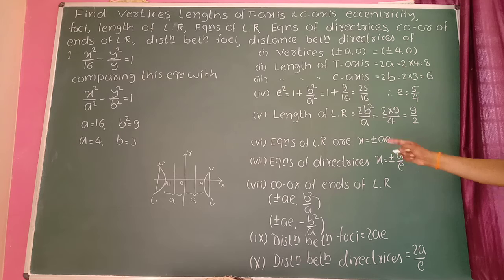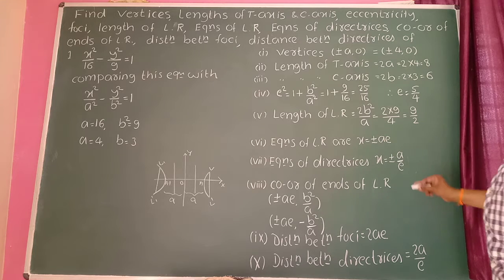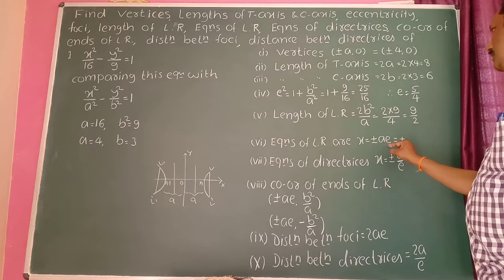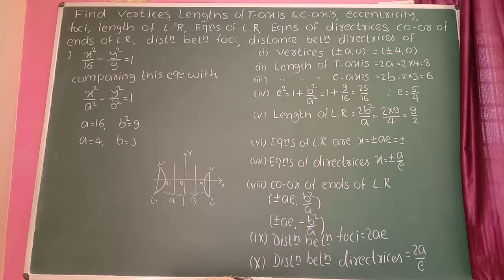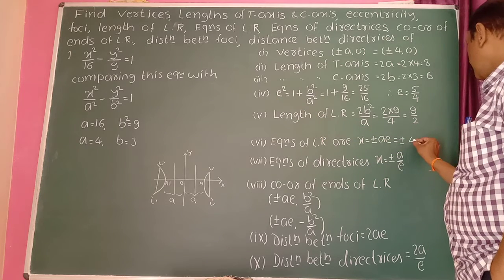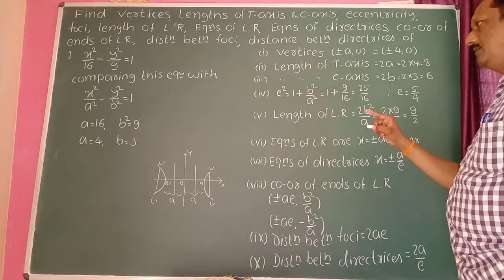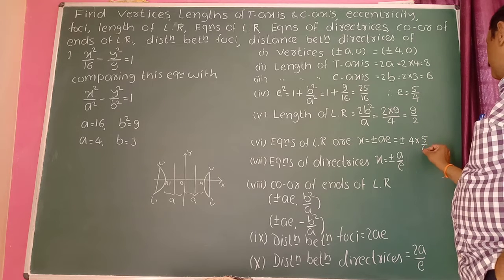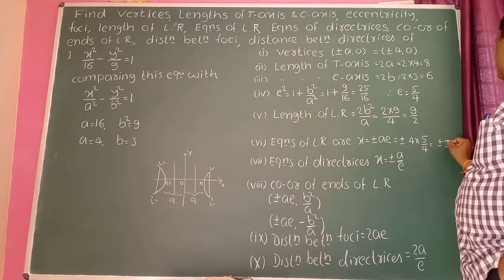Therefore, equations of latera recta are x equal to plus or minus a into e. In this case, a value is 4 into e value 5 by 4, so 5 divided by 4. The 4 and 4 cancel, remaining is 5.